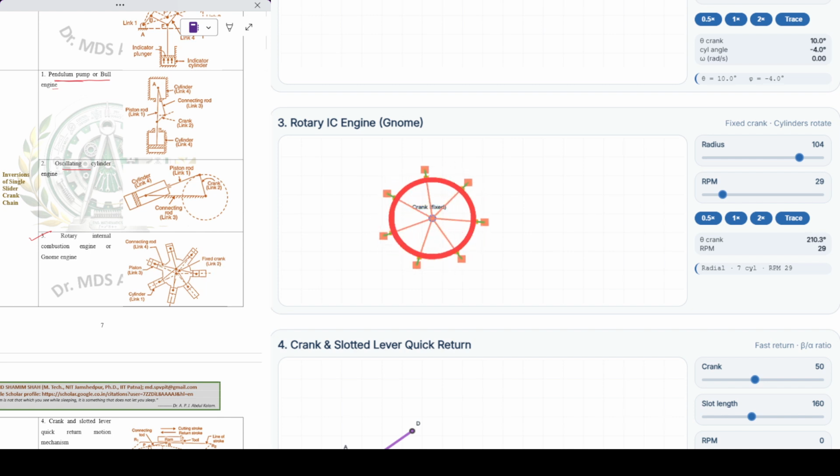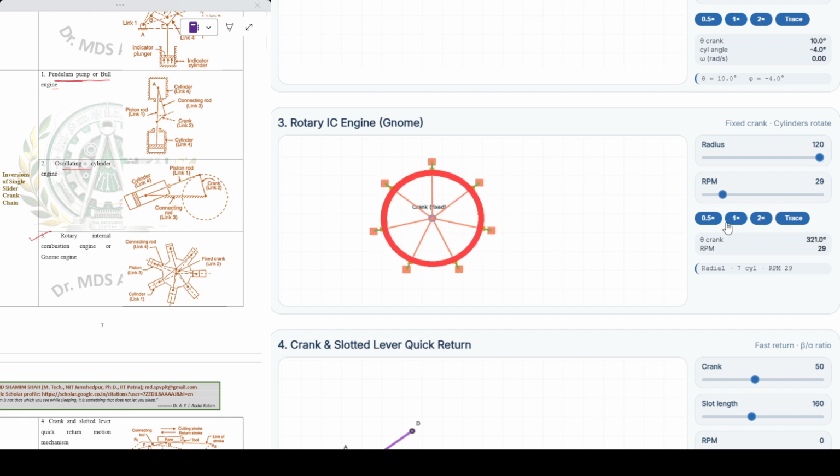Now decrease the arc radius of the crank. You will find the RPM I have increased. Just decrease the RPM and see a little carefully. These are all around. We are having a number of cylinder pistons, similar to the cylinder piston arrangements here. This whole mechanism rotates.